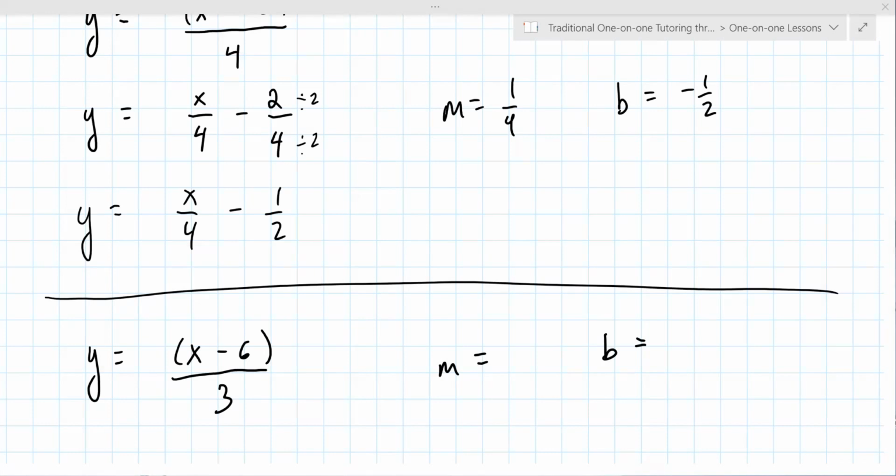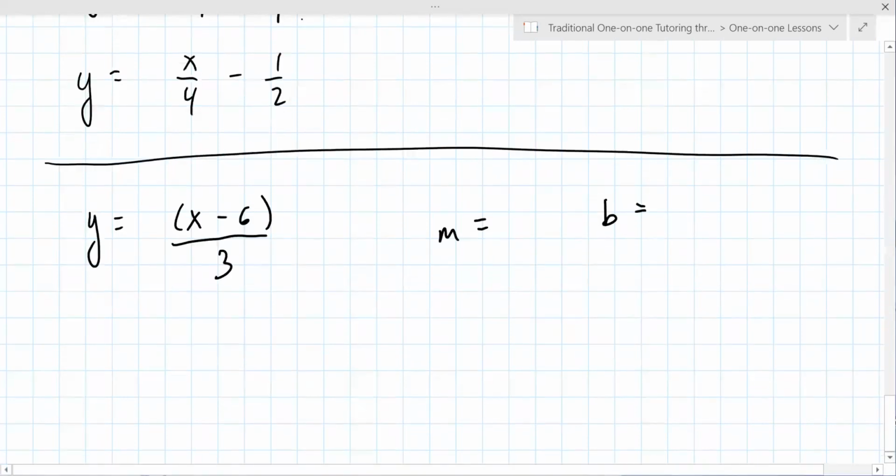So it's y equals x divided by 3 minus 6 divided by 3. What is the number in front of x? That's our slope. It's whatever's in front of x here, right? There's a 1/3 in front of x. Do you see that? Yeah.